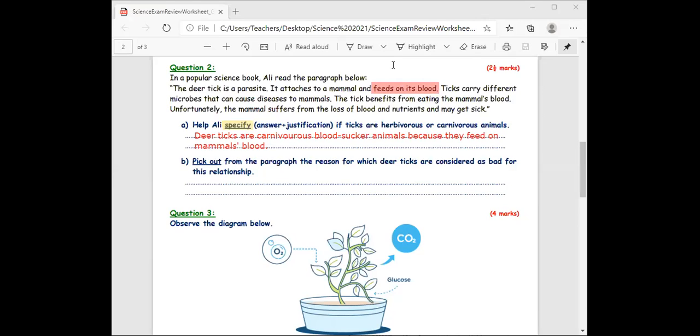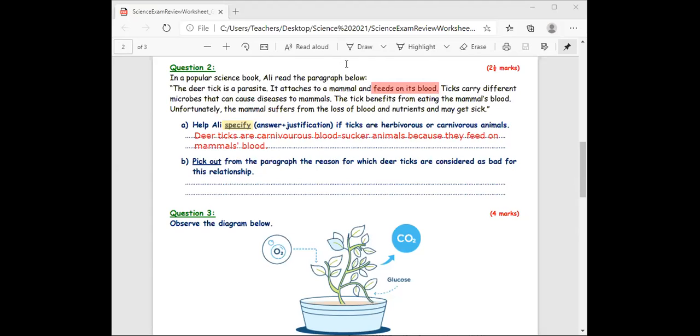Pick out from the paragraph why deer ticks are considered bad for the relationship. Do you think that deer ticks are good for mammals? No, they're not. So, how did you know that?